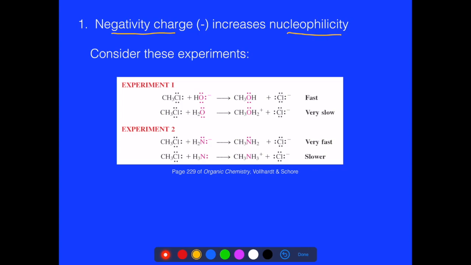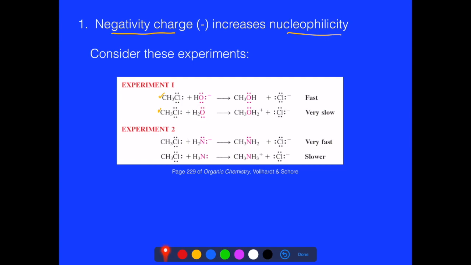Number one: we have a substrate, here just chloromethane, a methyl group with one chloro, reacted with either hydroxide, an oxygen hydrogen with a negative one charge, or water, an oxygen with two hydrogens and no charge.